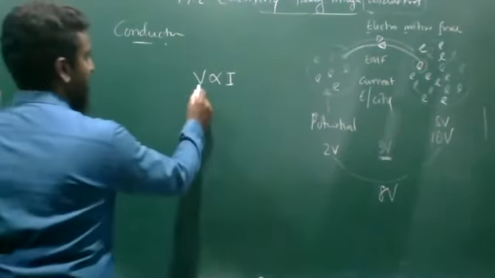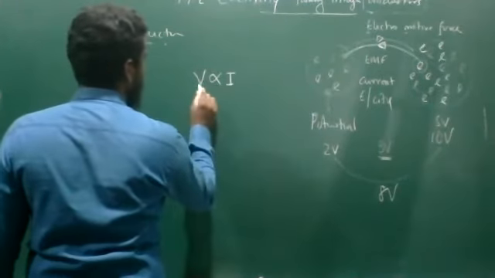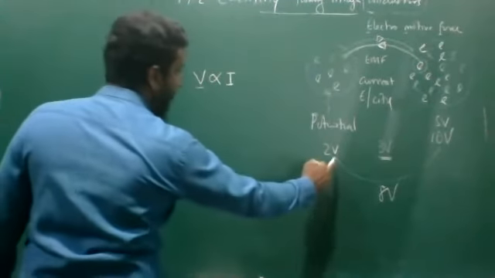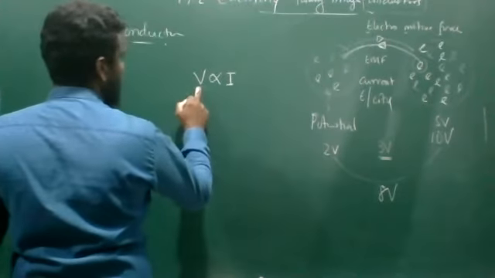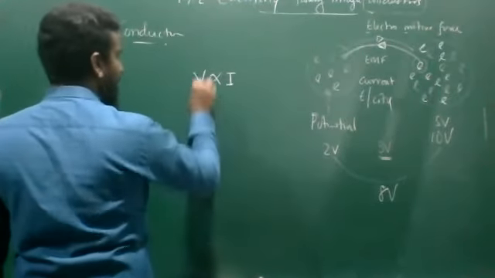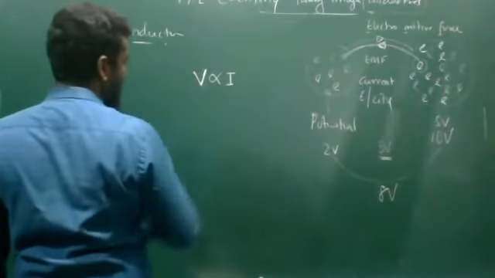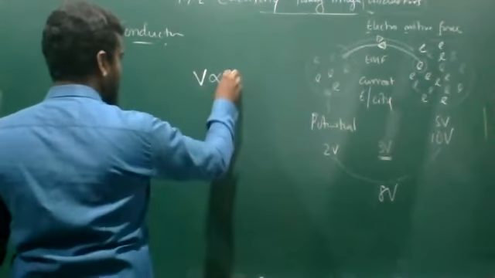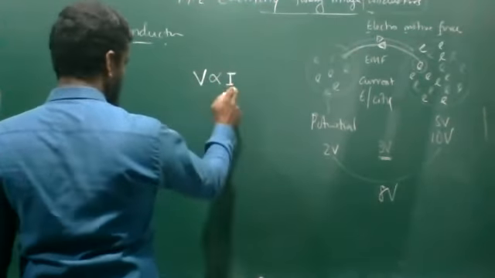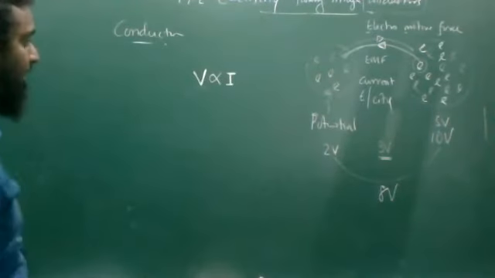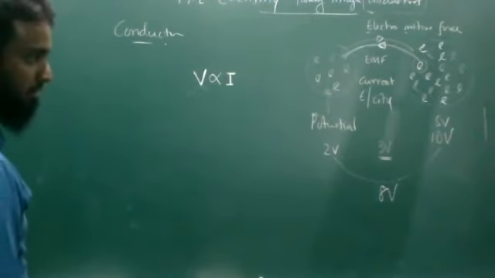I'll take this V as the potential difference, not the volt symbol. The potential difference V is proportional to the current. If you increase the potential difference, you directly increase the current.